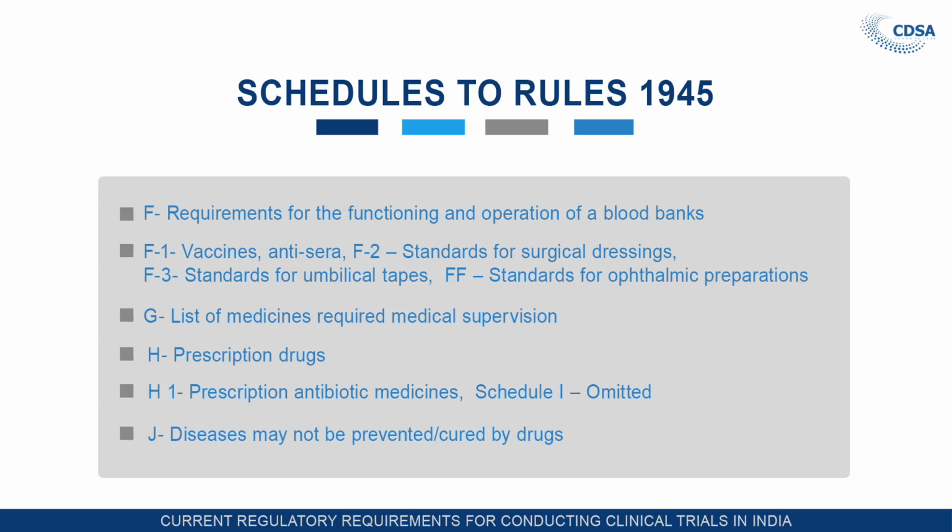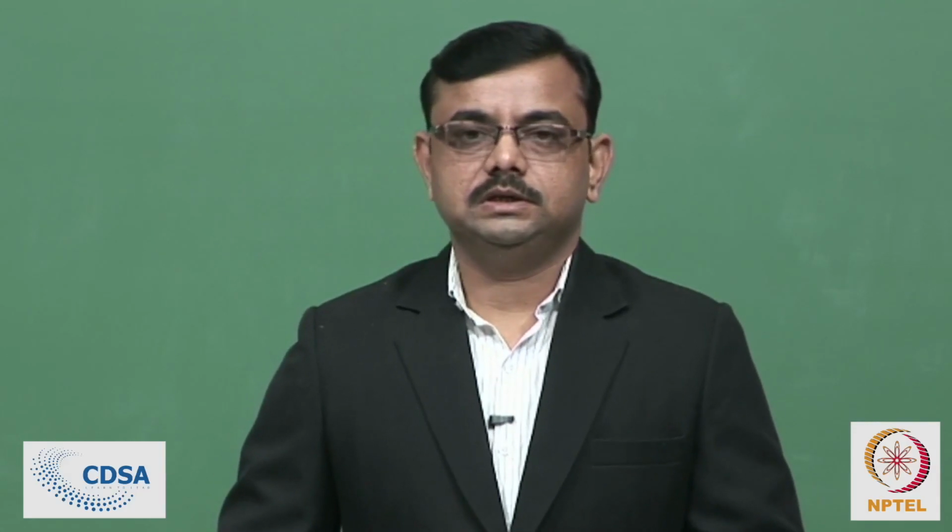The list of these drugs has been given in this Schedule H. Drugs like aciclovir, then bimatoprost, docetaxel, enalapril, these drugs which require special supervision and must be prescribed by a doctor or RMP mentioned under the Drug and Cosmetic Act. The list of such drugs is given in this schedule.